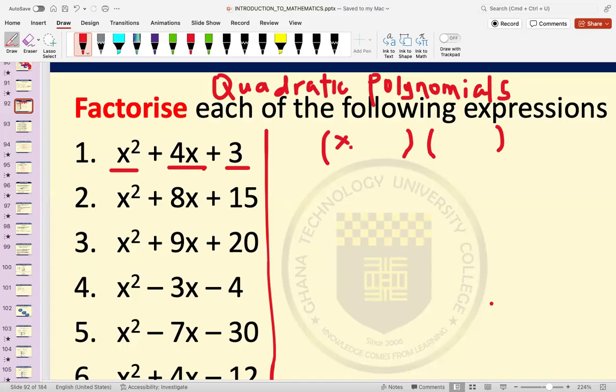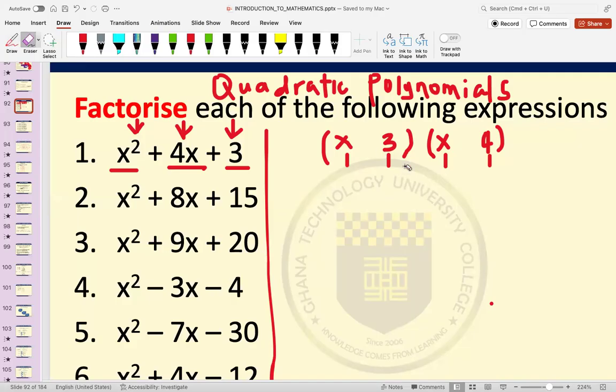So you have x here, you have a certain number here, you have x here, and you have another number here. When you count the members in the brackets, you get 4: 1, 2, 3, 4. Meanwhile, before the packaging, it is 3: 1, 2, 3. So the question is, how can we do something to this equation to be able to get 4 members, and then we package them 2 by 2, like you are seeing here?